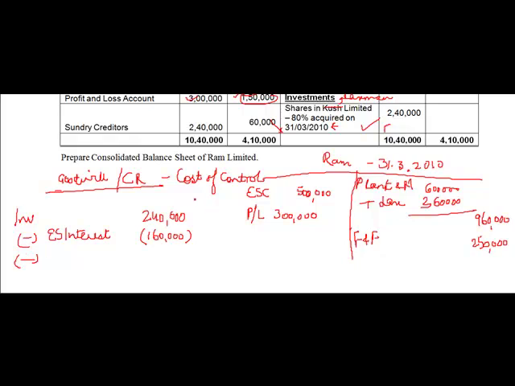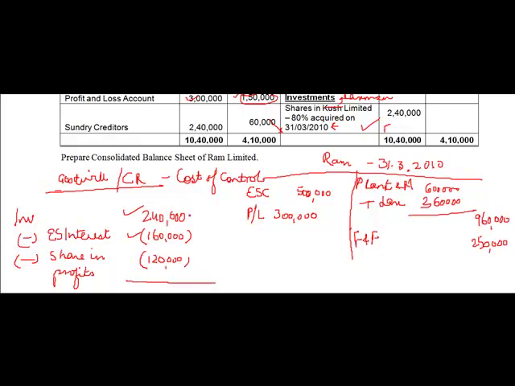So when I paid this 2,40,000, what I got was the equity share capital and the share in profits. Now normally this profit is classified into pre-acquisition profit and post-acquisition profit, but because in this case the date is same, the entire profit is pre-acquisition profit. 80% of that is 1,20,000.